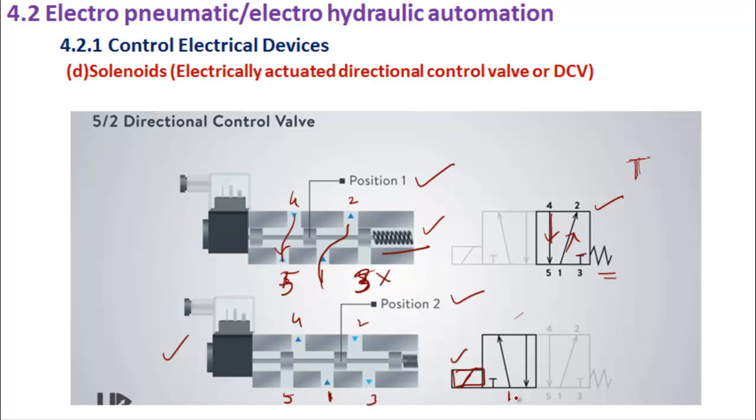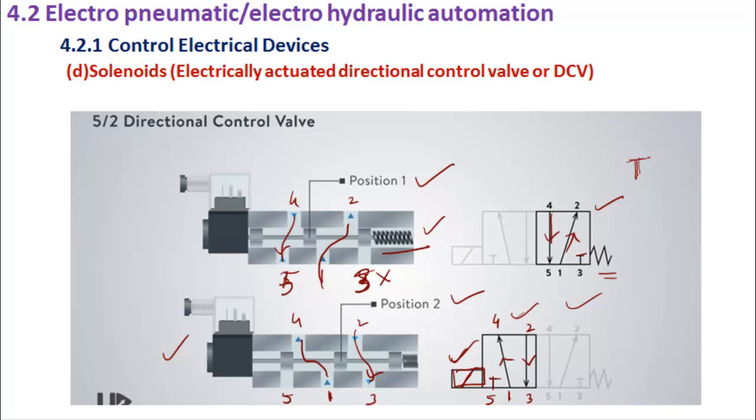You can see 1 and 4 are connected, whereas 2 and 3 are connected, and here it is returning back. That's why the arrow is in this direction. Here it is going up, so the arrow is in this direction, whereas port 5 is stopped or closed. So we have drawn a T there, and this position is attached with a solenoid.